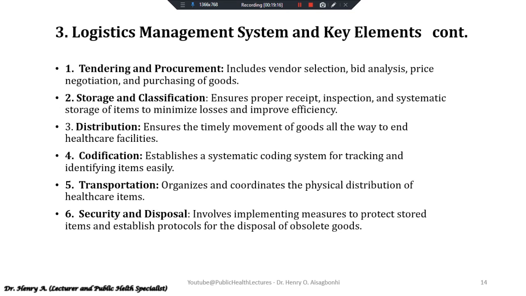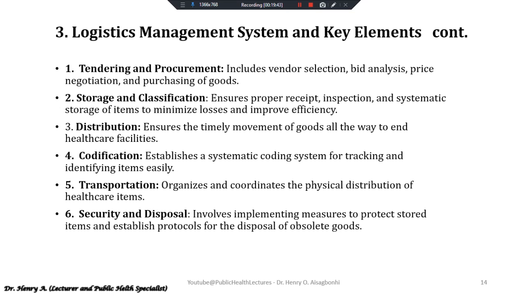And also, it is key to compliance with regulations. Because you don't just dispose things anyhow. You must ensure that expired or obsolete items are disposed responsibly according to regulations.